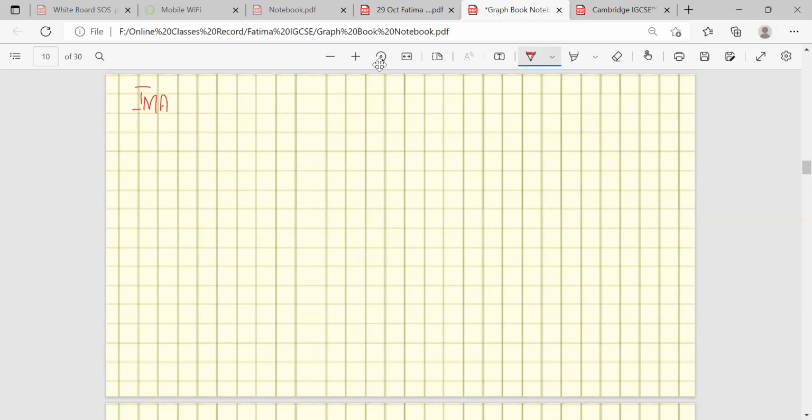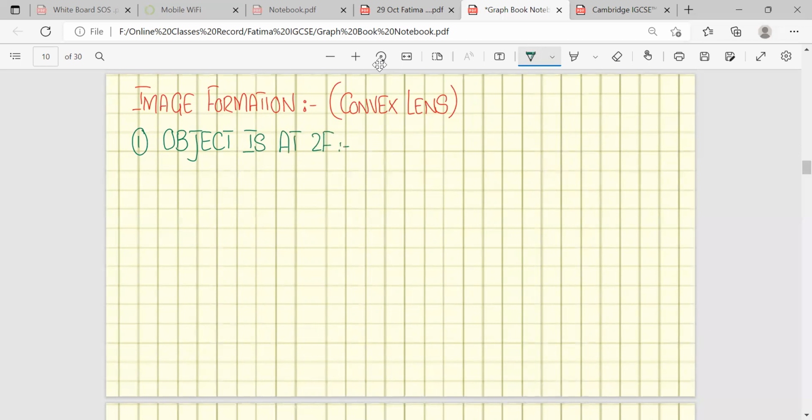This is basically image formation in a convex lens. In our first case, let's suppose the object is placed at 2f, twice the focal length.